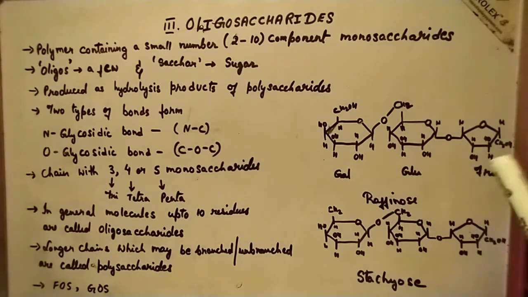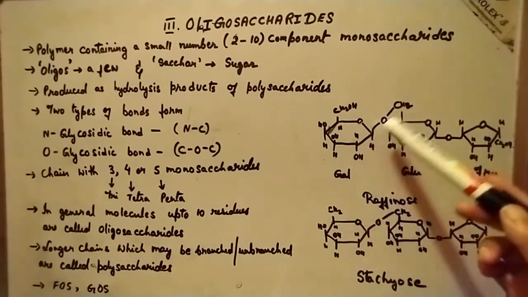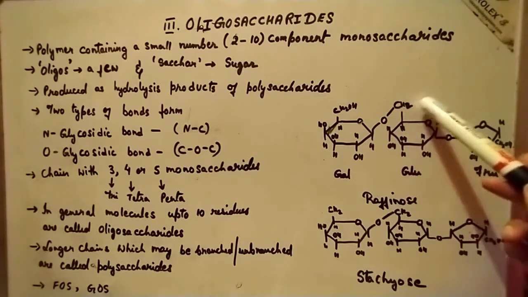Normally the anomeric carbon of one monosaccharide may get linked with either carbon 2, carbon 3, carbon 4, or carbon 6. We will see in this case how it is linked to carbon 6.